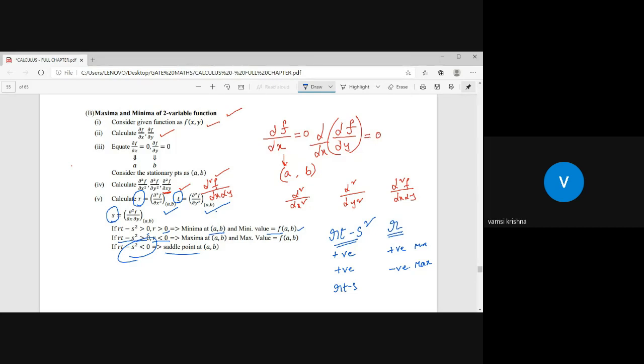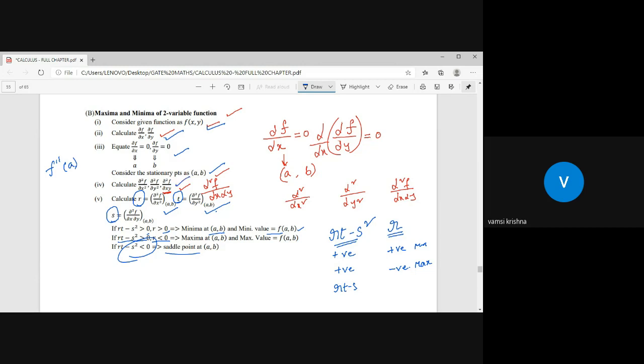So let us analyze this. Given function is f of x, y: first order partial differentiations, equating them to zero and getting the stationary point. After getting stationary points, let us differentiate one more time. అక్కడేమో f double dash of a అంటారు, ఇక్కడేమో dou square f by dou x square, dou square f by dou y square and dou square f by dou x dou y you got.